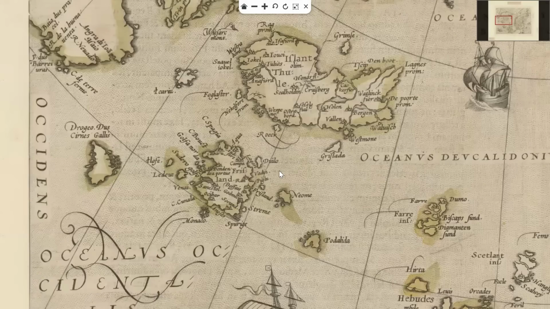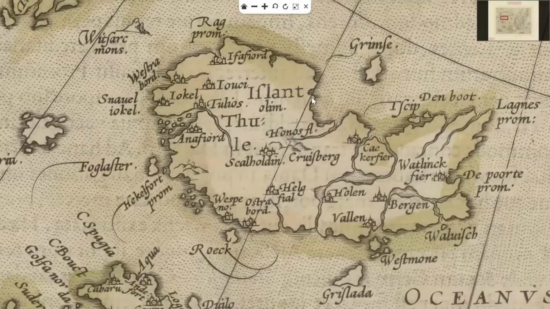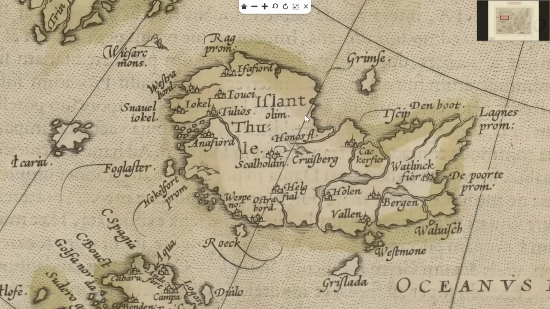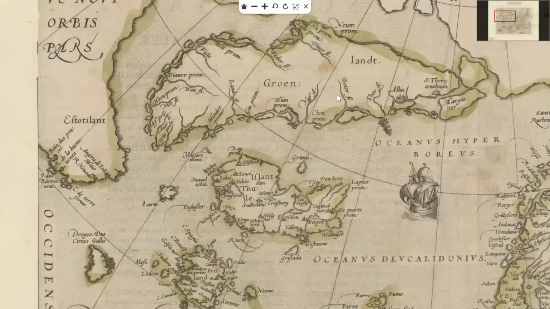And up above Friesland, we have the island, because that's an S, remember, island of Thule. I think it's pronounced Thule, right? And again, not frozen. We have cities in here, we have rivers, and then above that we have Greenland, and again, it's going sideways.